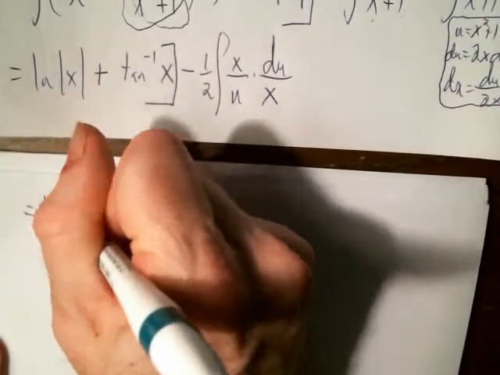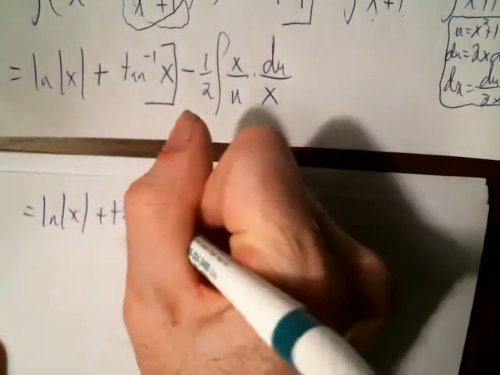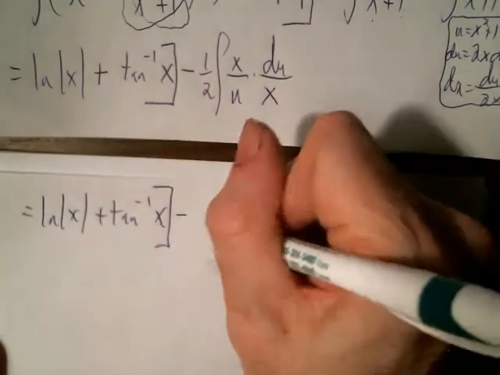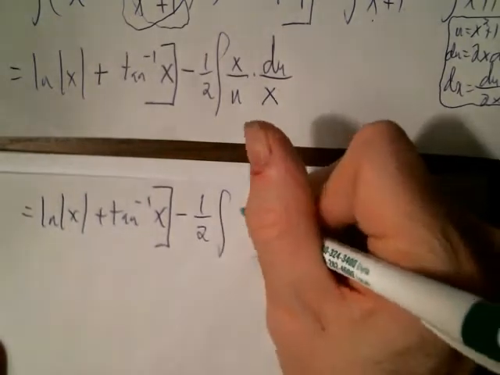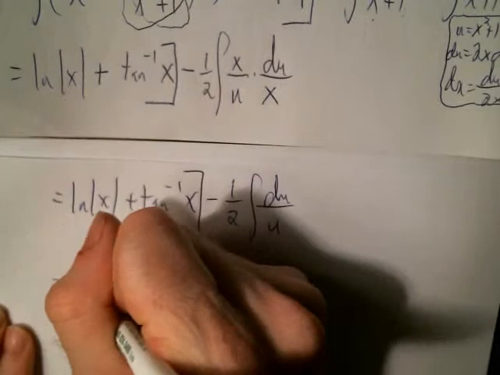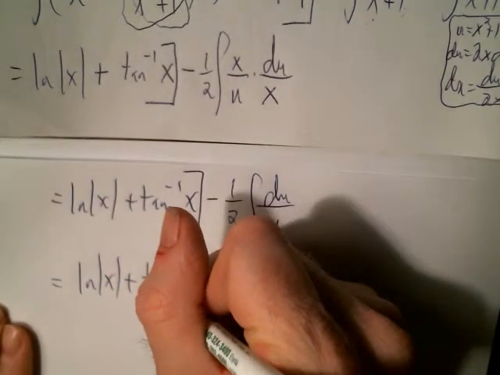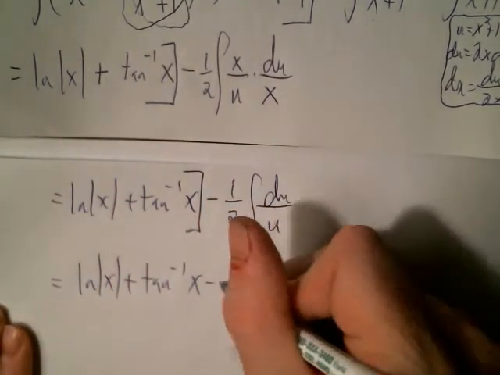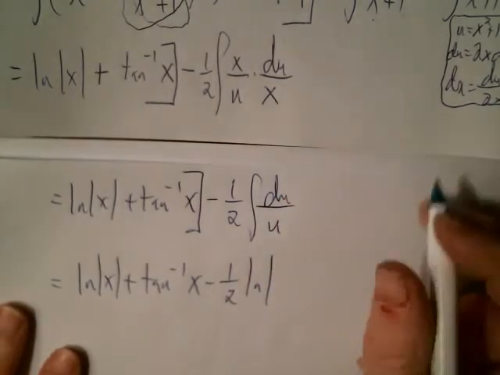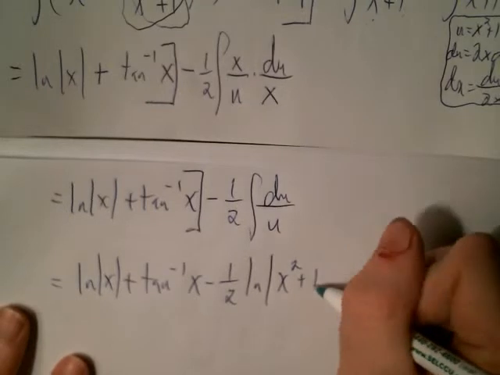Okay. Moving on. This will equal then ln absolute value of x plus tan inverse of x minus 1/2 times the integral of du over u, which of course is a natural log integral, so we're ending with ln absolute value of x plus tan inverse x minus 1/2 ln absolute value of u. U, though, is x squared plus 1 from above.